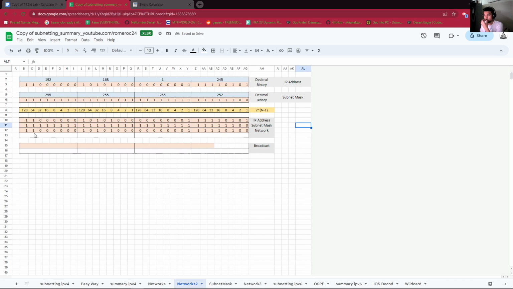So what we need to do next is change this binary into decimal. What we have here is 192.168.1, and this one is 128 plus 64 plus 32 plus 16 plus 4.